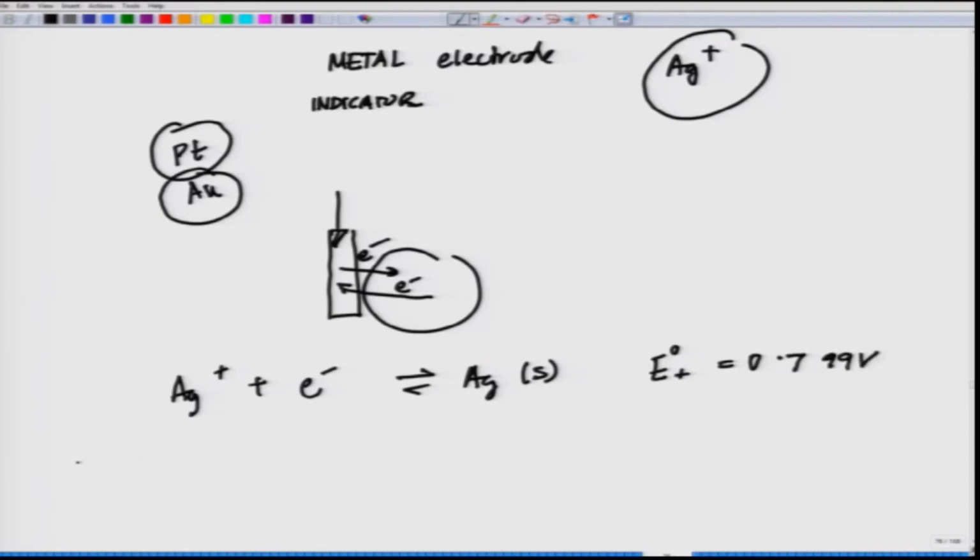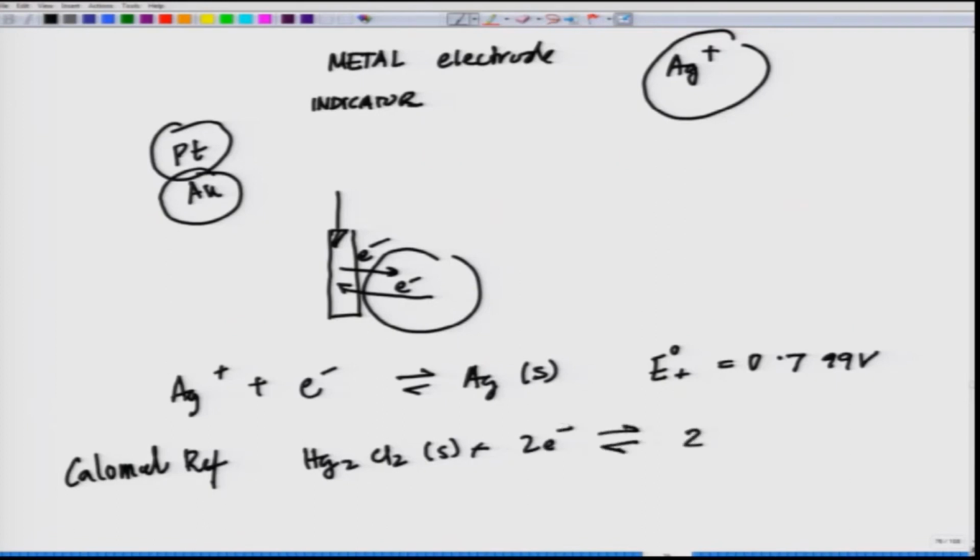And with reference to a calomel electrode, we have already talked about the calomel reference electrode, which is Hg2Cl2 solid plus 2 electrons leading to 2 Hg liquid plus 2 Cl minus, and here E0 is equal to 0.241 volt.